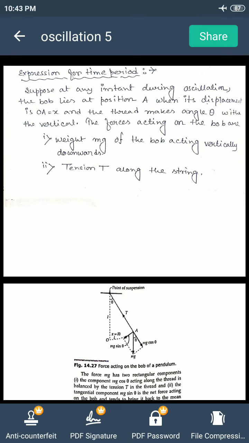So there are two forces acting on the bob. One is the weight of the bob, mg, in the downward direction. Another is the tension T along the string, opposite to mg. Now this mg can be resolved into components.